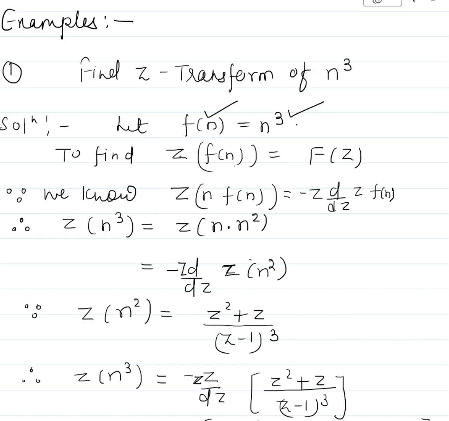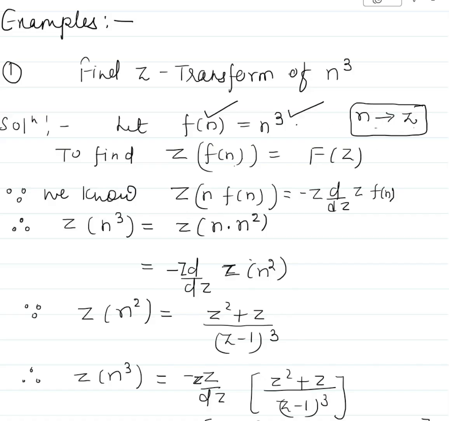So the formula of Z transform of f of n is this. You can write F of z. Why? Because after solving the Z transform of a function of the n variable, it is always transferred to a function of the variable z. So that's why the function of n is now becoming a function of z.